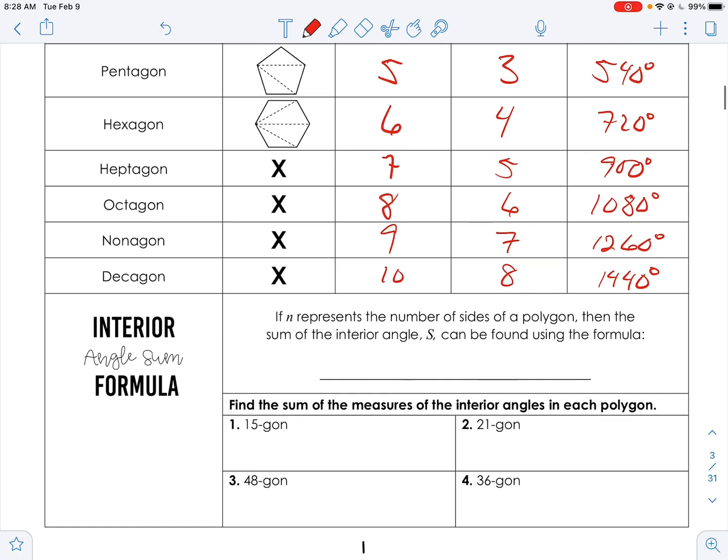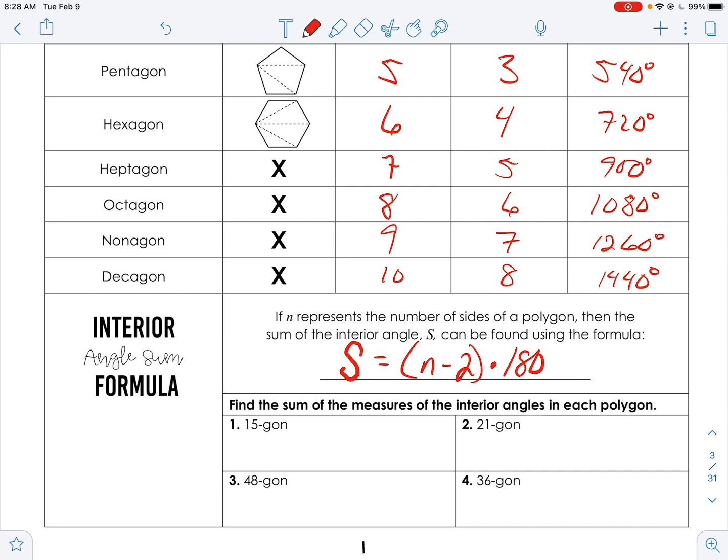So if n represents the number of sides of a polygon, then the sum of the interior angles, big S, can be found using the formula S equals n minus 2, where n is the number of sides, times 180.